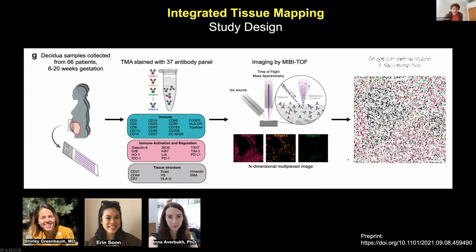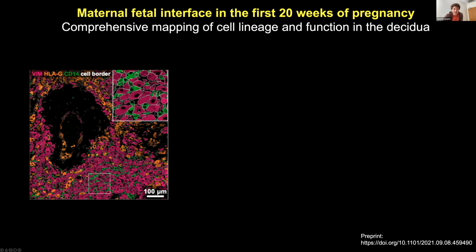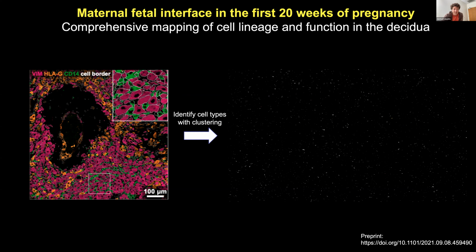If I blow that up, you can see in the inset the output of Mesmer, which is able to outline each one of these cells quite accurately. In red is vimentin, the maternal fibroblasts, and in green is CD14, those are decidual macrophages. We did this for all the images, and then ultimately ran our cell clustering algorithms on them.